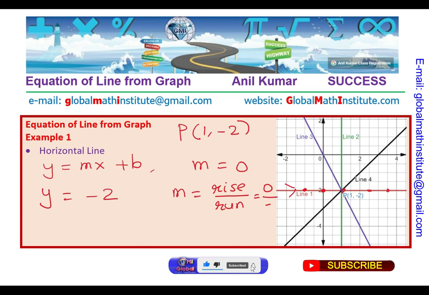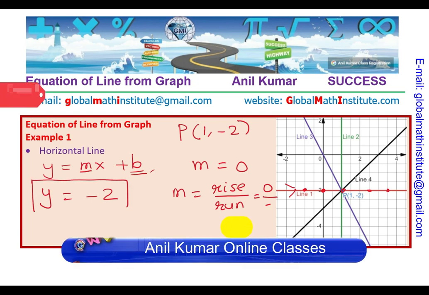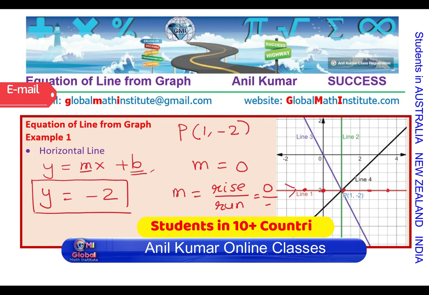So m is 0, and we are looking only for the y-intercept, being -2. Everywhere along this line, as you can see, the y value remains constant. So it is the constant value of y which gives the equation of a horizontal line. In general, for a horizontal line, the equation is the y value of the line.